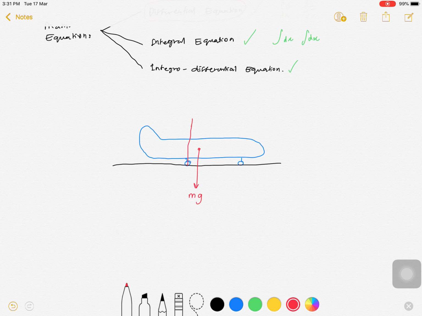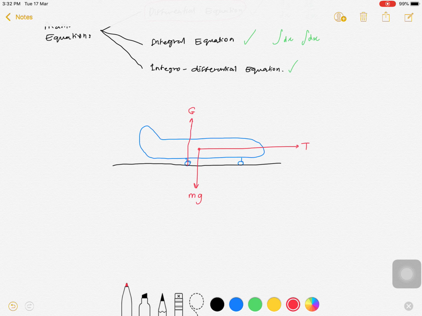We combine the reaction force for all wheels and denote it as G. We also have the thrust from the turbo engine, which pushes the aeroplane to the front.